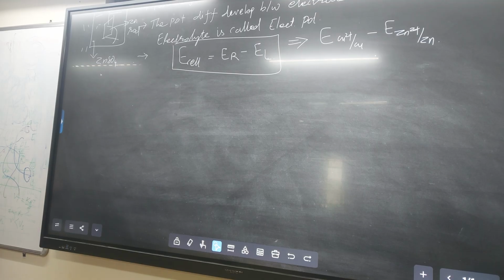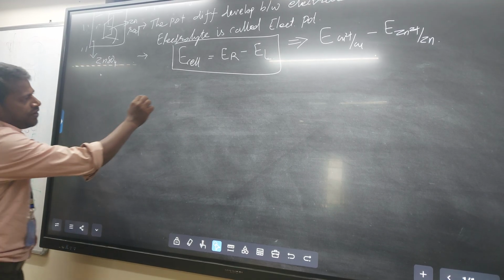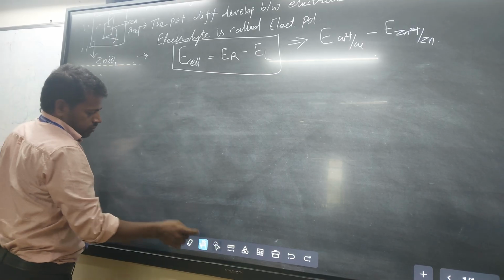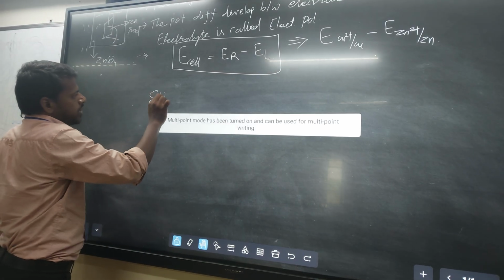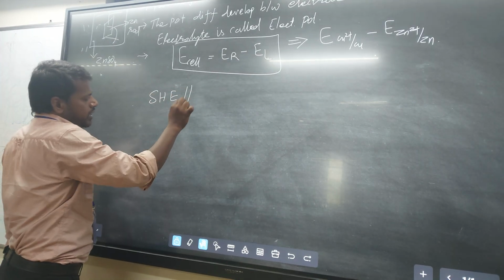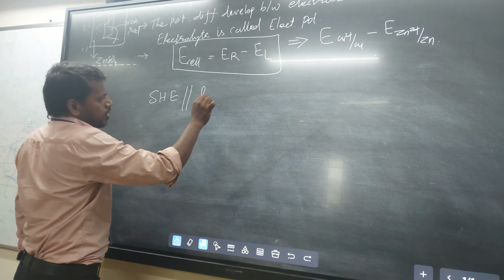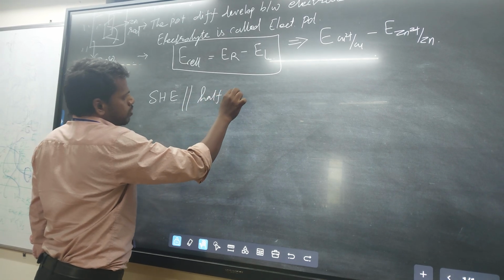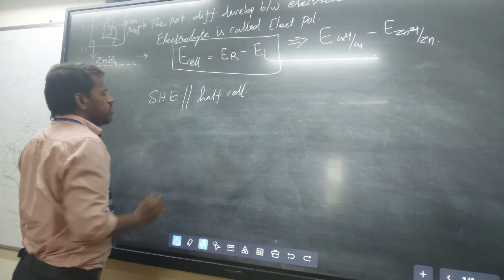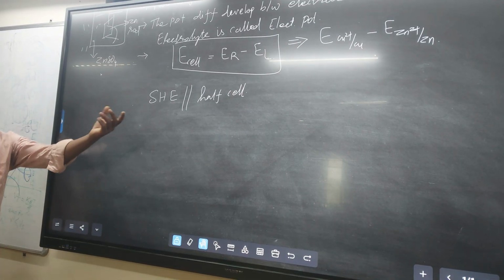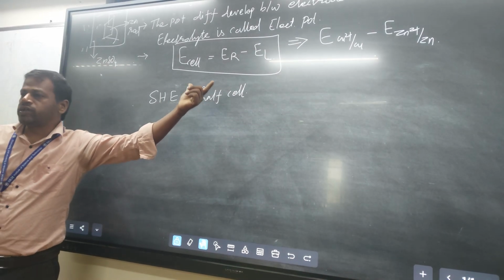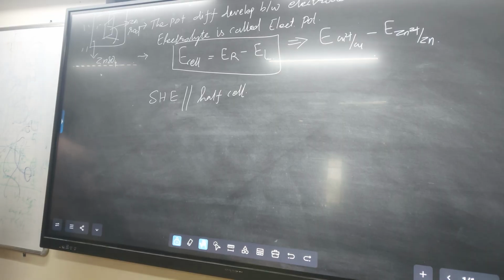That's why we connect the standard hydrogen electrode with the half cell.